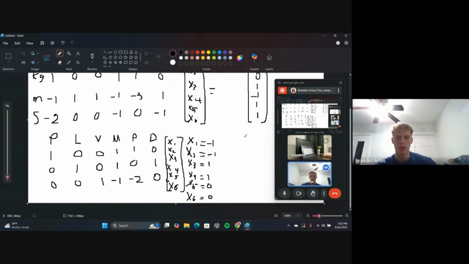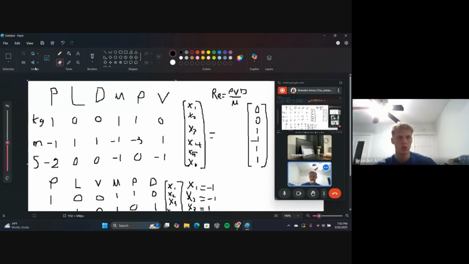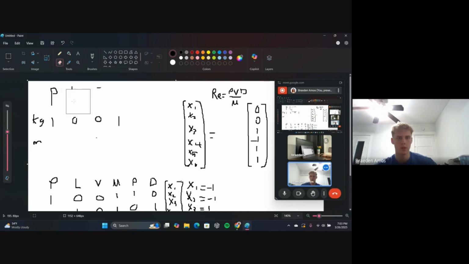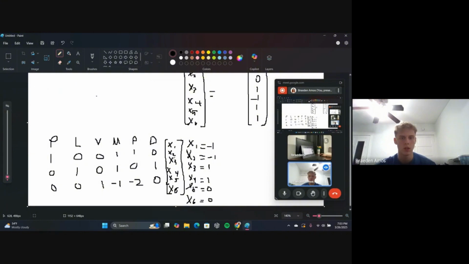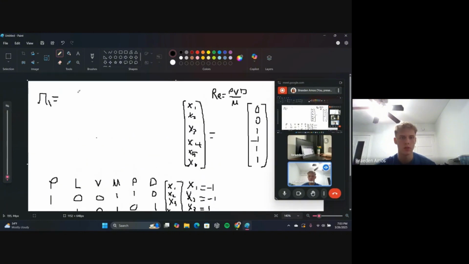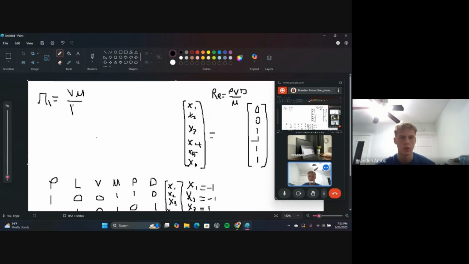So this will be our first pi, so I'm going to erase the original one over here. That gives us more room. So pi 1 is equal to, so V and mu are positive, so we get V mu over, and x1, x2 are negative, so P L. So that's our first pi number.